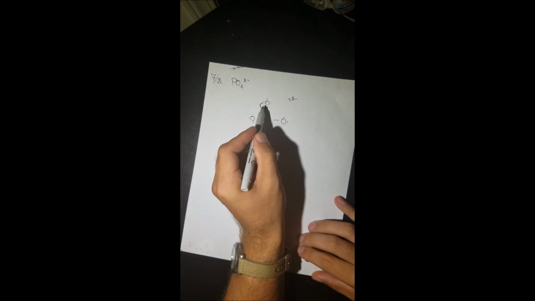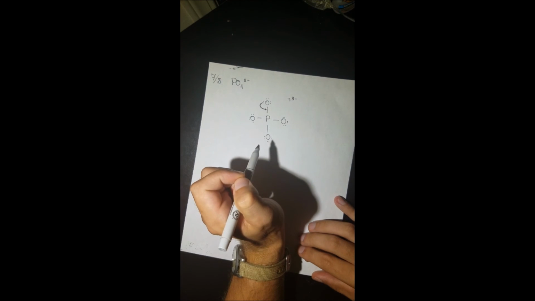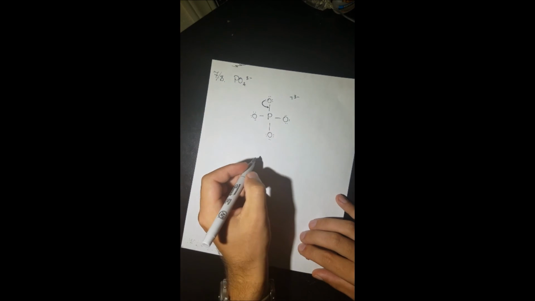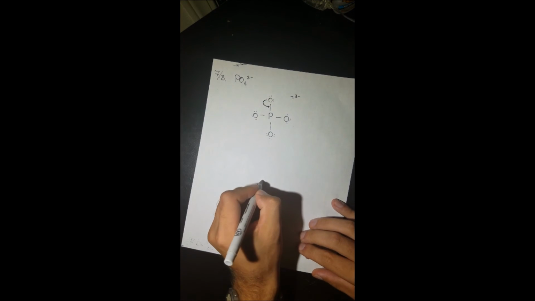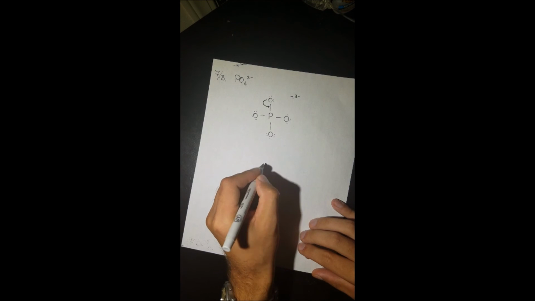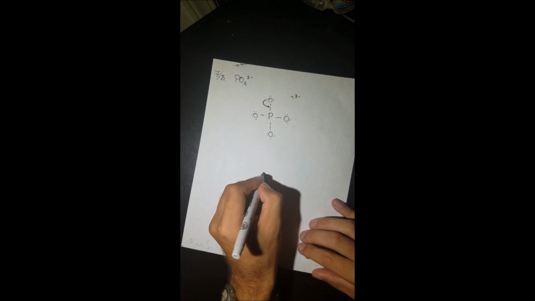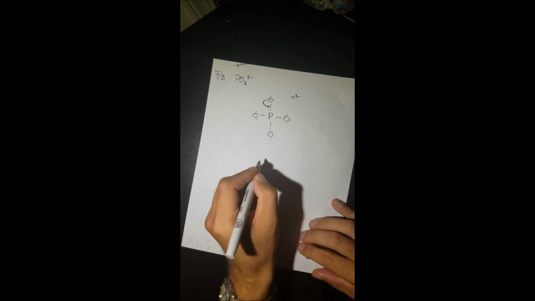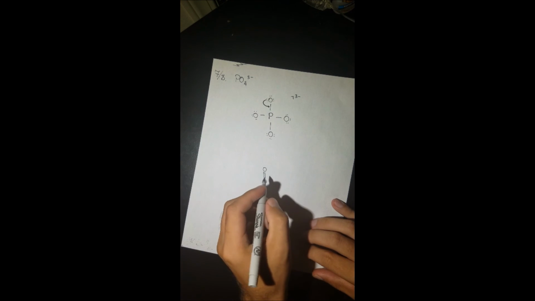Since it's 2 electrons, we are establishing a covalent bond where 2 electrons are being shared by 2 atoms. So we're now modifying the structure so that instead of a single bond, we have a double bond between the phosphorus and the oxygen.